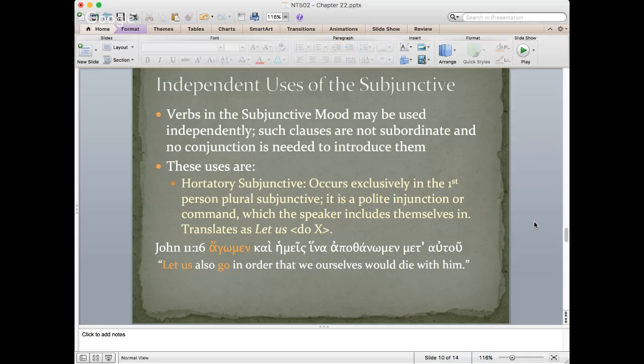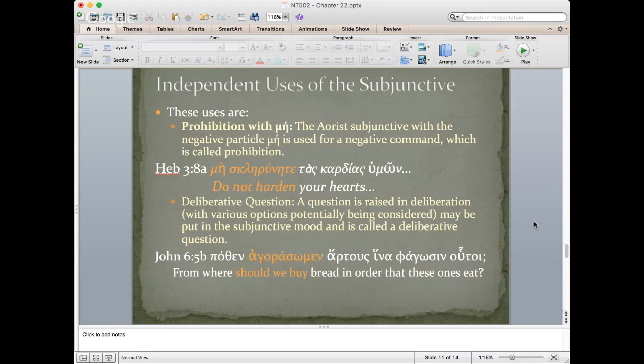Gotcha. So another use is a prohibition with me. An aorist subjunctive with a negative particle me is going to be used as a negative command. When we get to the imperatives, which are commands, what you're going to find out is that there's no actual negative imperative.